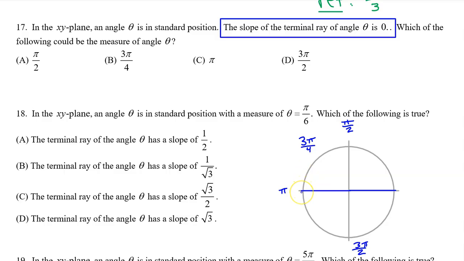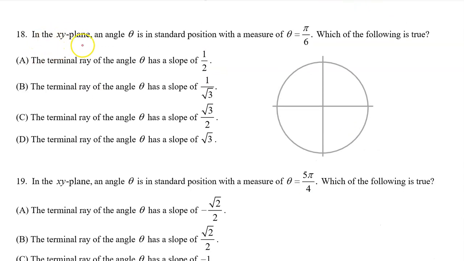At pi, the slope is 0 because we have a horizontal line. So the answer is going to be C because it says pi. However, just to finish it out, 3 pi over 2, the slope is undefined. So pi is the angle where the slope is 0, and the answer is C.